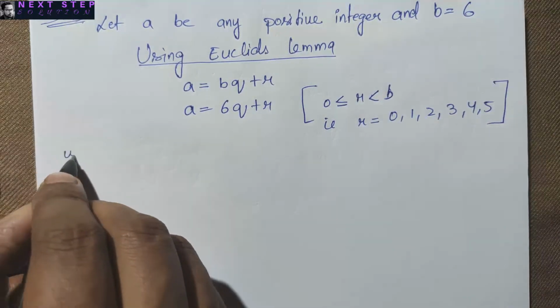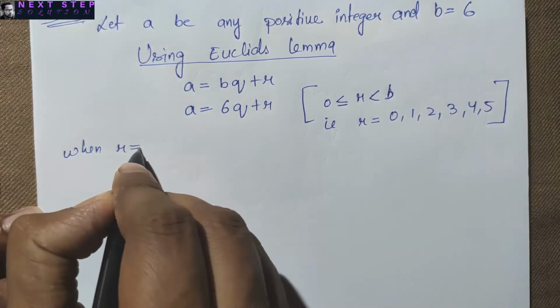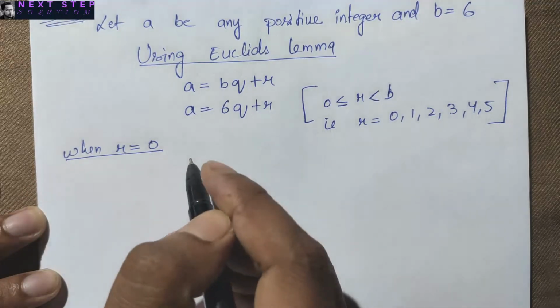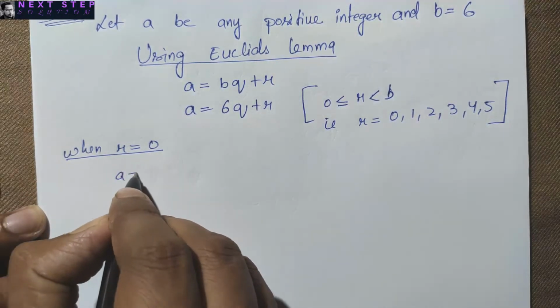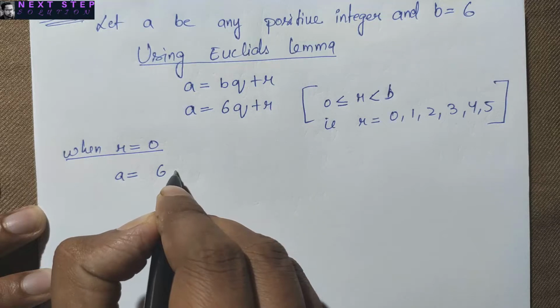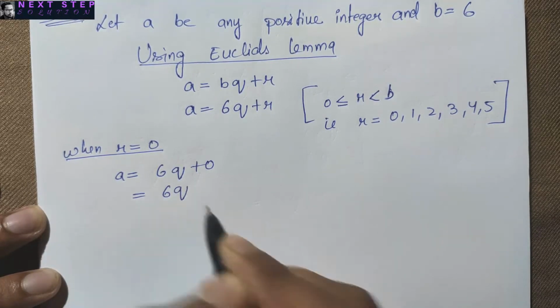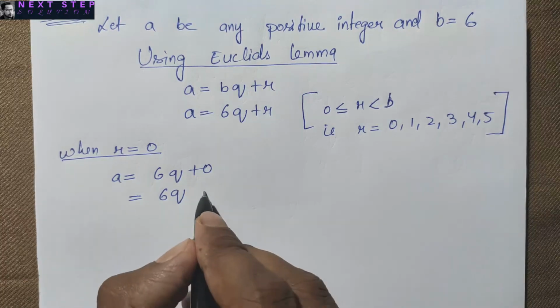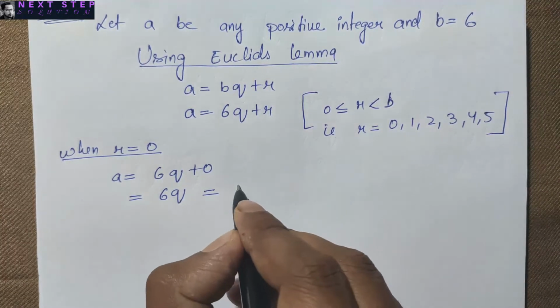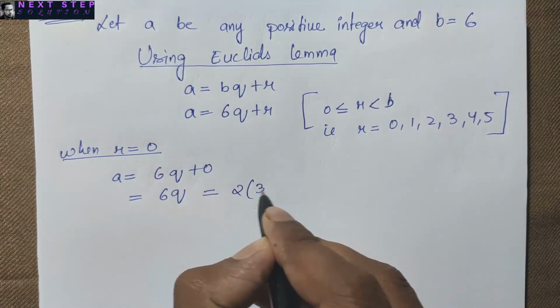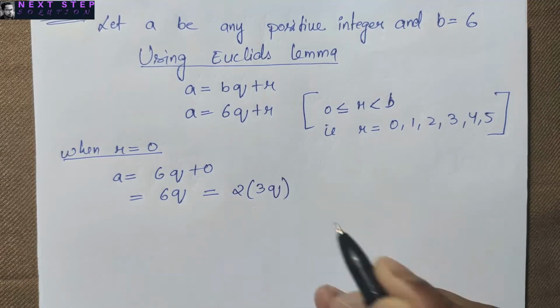So when r is equal to 0, what will be our answer? a will be equal to 6q plus 0, which will give you 6q. Now this can be written as, if we take 2 common, 2 times 3q.